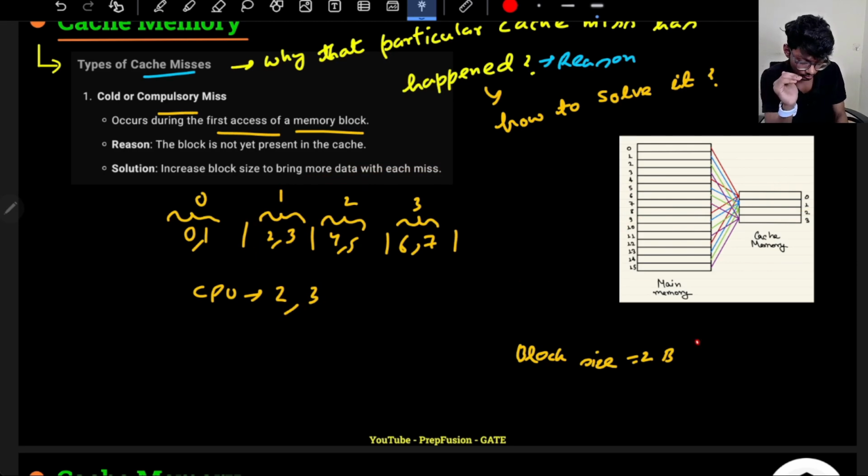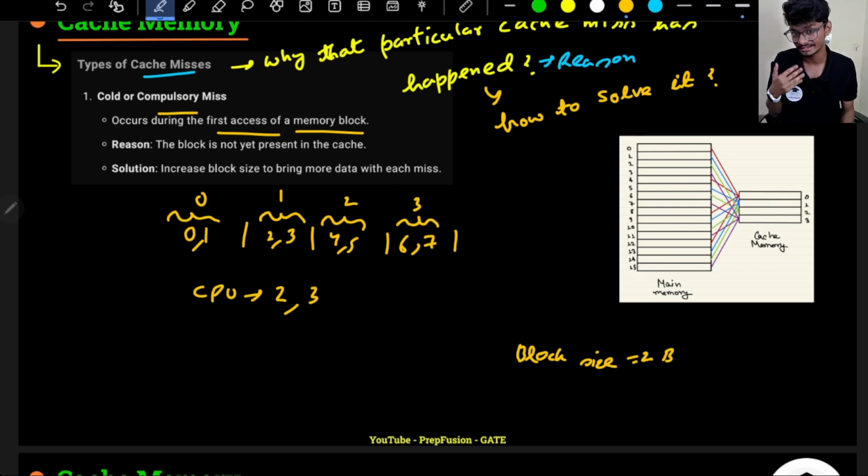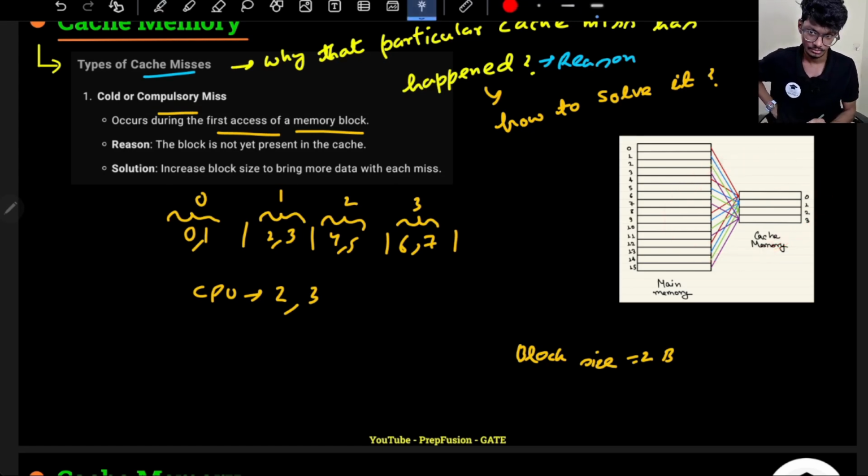So that's how, if I increase the block size, my probability of compulsory or cold miss reduces. I hope now you understood the solution and the reason why it happens. The reason is that initially everything is empty. So in the first call, instead of just copying 1 byte, I copied more data to the cache memory.